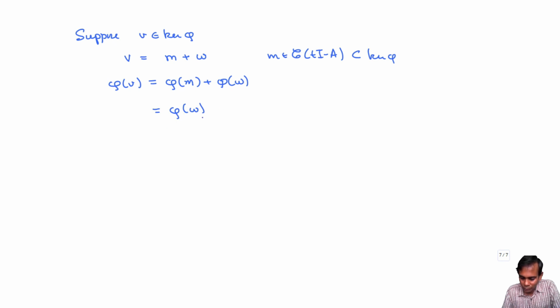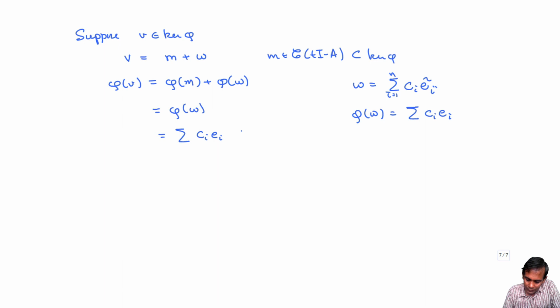But so phi of w, if w is of the form summation c_i e_i tilde, i goes from 1 to n, then e_i tilde goes to e_i, so this is just summation c_i e_i.